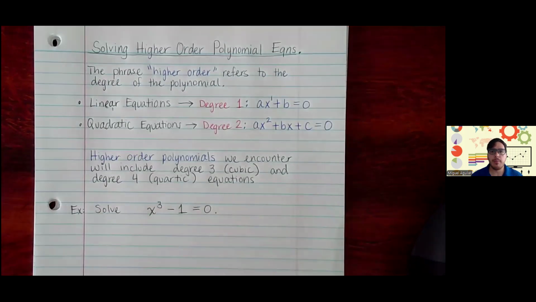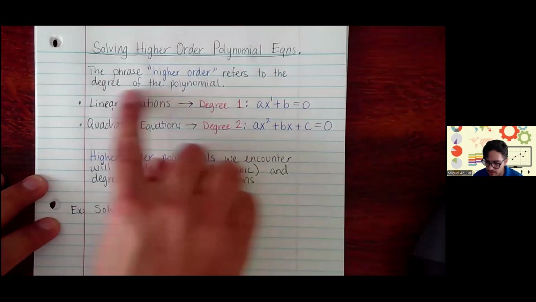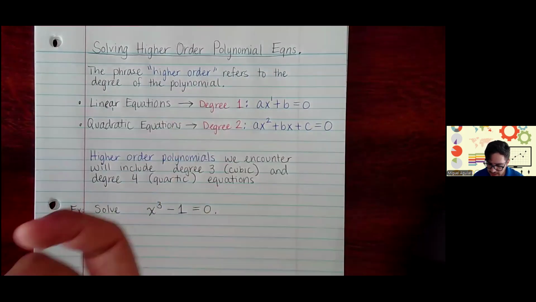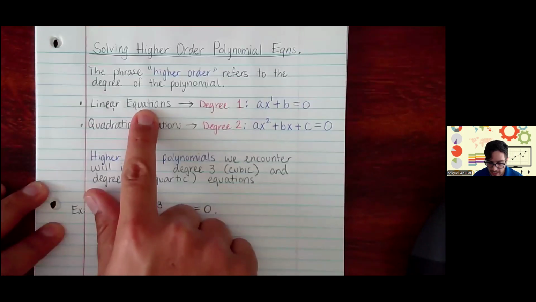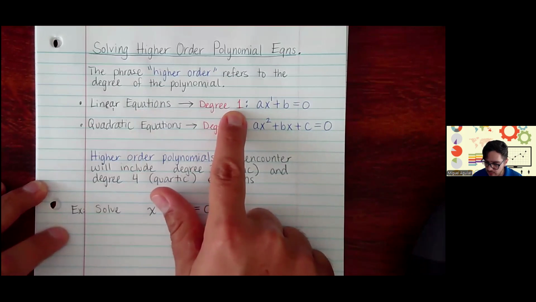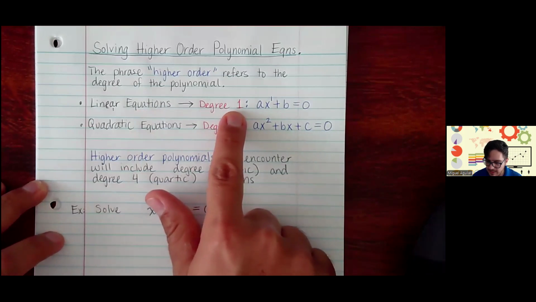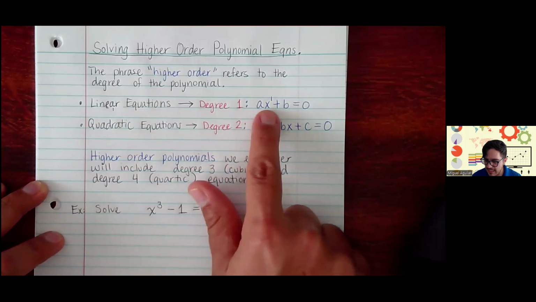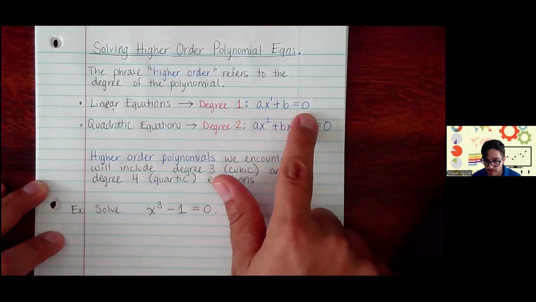A higher order polynomial equation refers to the degree of the polynomial. So as we mentioned in class, whenever we're solving a linear equation, we can think of that equation as a degree one polynomial because the standard form of a linear equation is ax plus b equals 0.